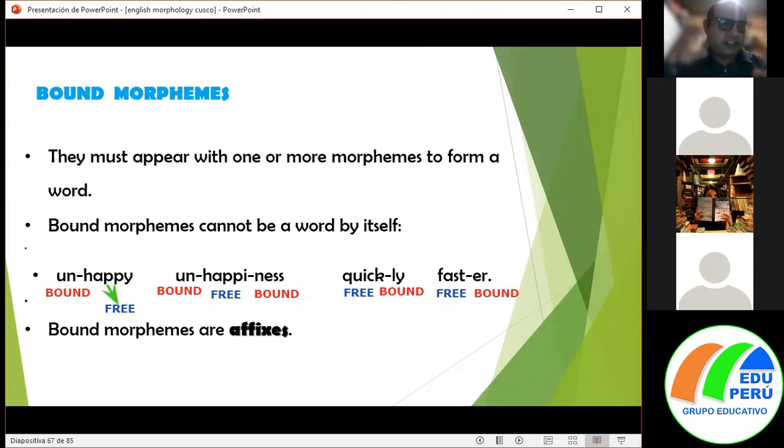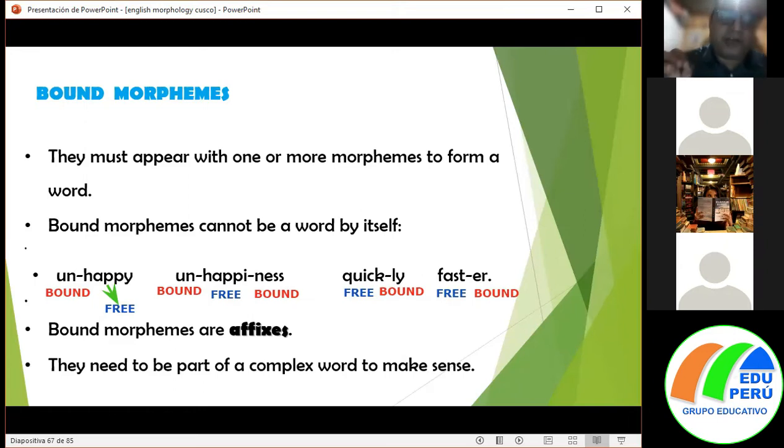Also, we could find some circumfixes. For example, happiness is considered, but it's not exactly a circumfix. We could say that happiness is composed by circumfixes because we have both sides, but it only seems to be. So in English, we mostly manage prefixes and suffixes. They are bound morphemes.